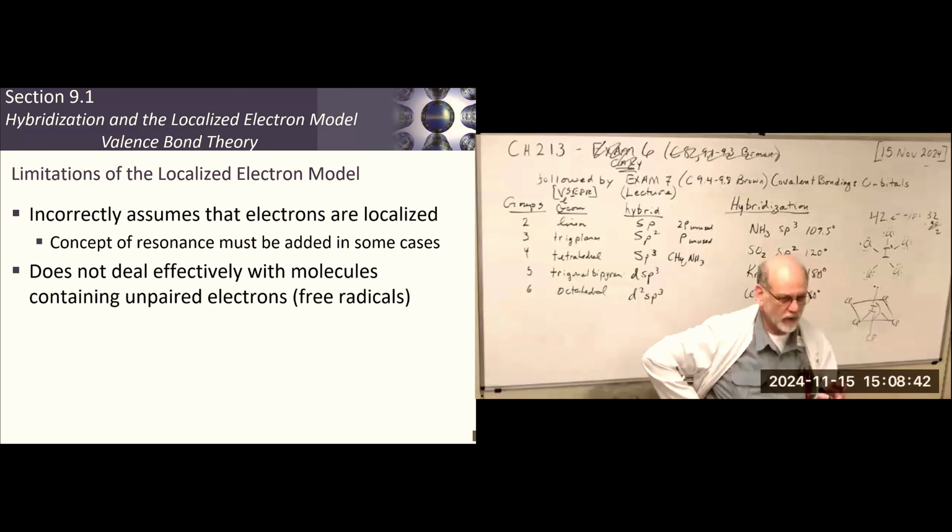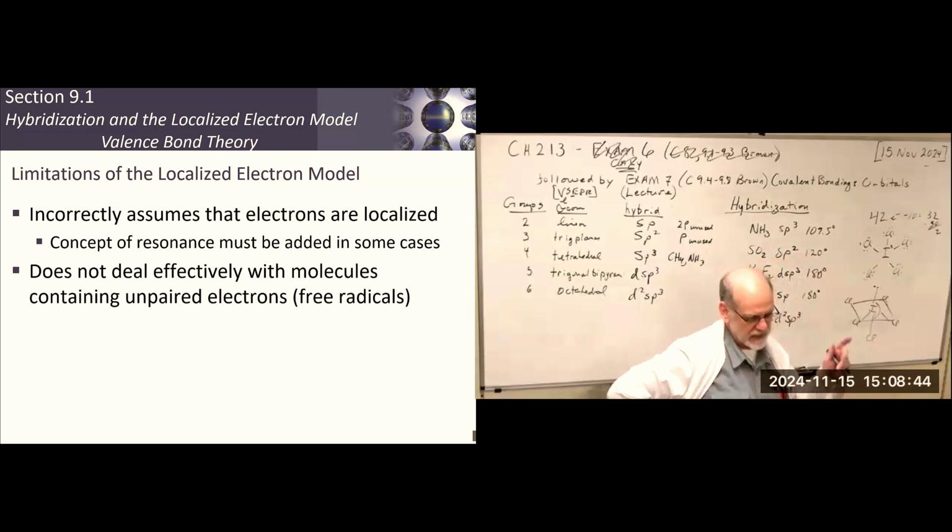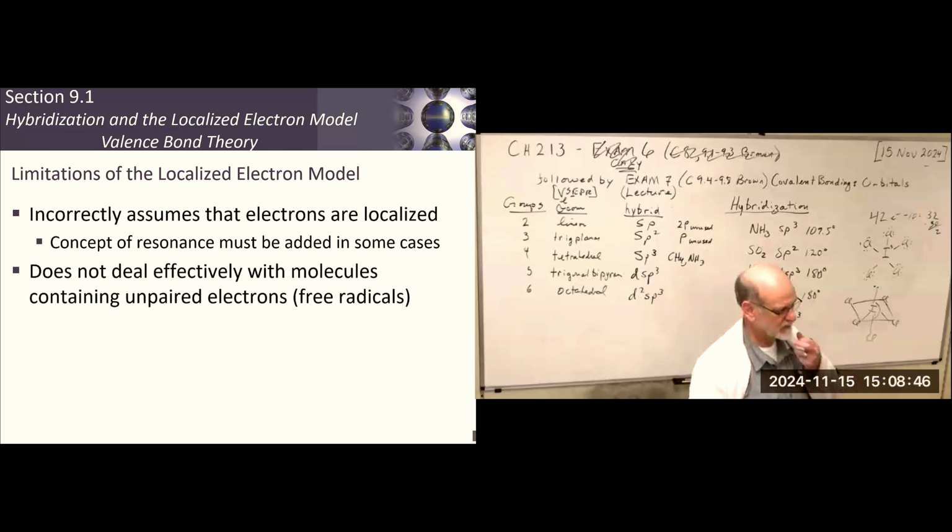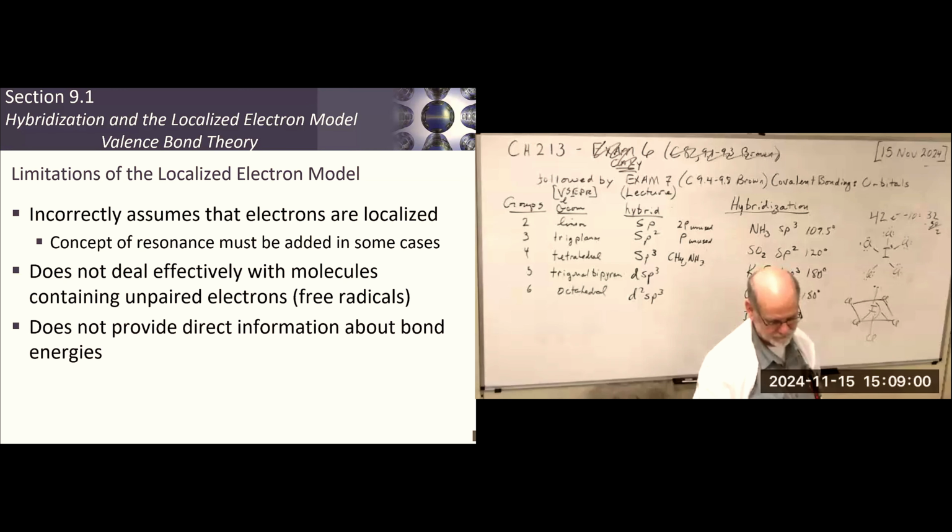I think we encountered one of those in the last chapter. Was it NO2 maybe? It had an unused, unpaired electron. All right, this model doesn't work well with unpaired electrons. And it doesn't provide a direct ability to calculate exact energies for the bonds.